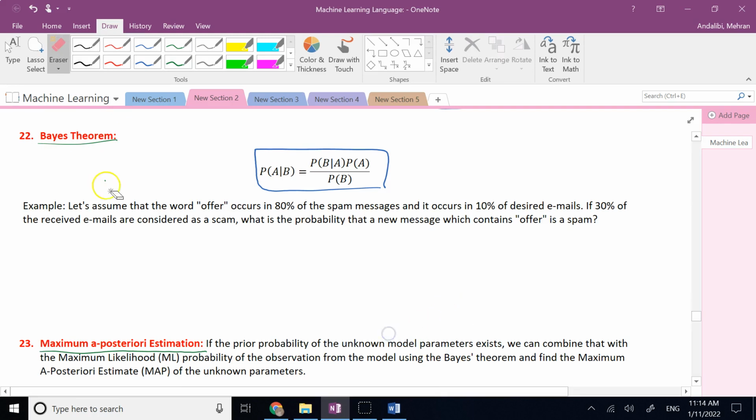So let's see the use of it in machine learning. Let's assume that the word offer occurs in 80% of spam messages or emails, and it occurs in 10% of the desired emails.